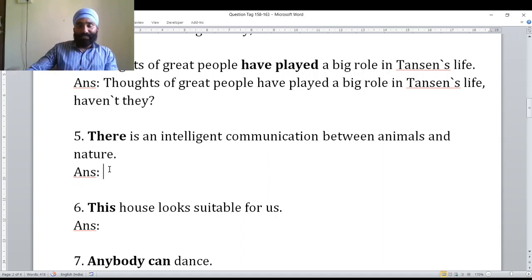But in such sentences, even if there is not a subject, we have to consider it the subject and we have to use it in the tag. And the helping verb or the main verb, it is a main verb also because the sentence is a static sentence. It is telling the state of being. So the same helping verb we have to use in the tag also.